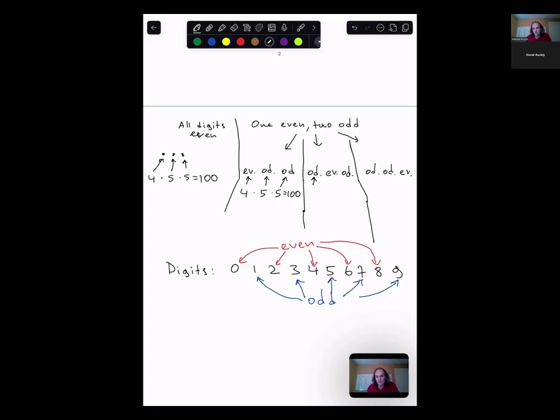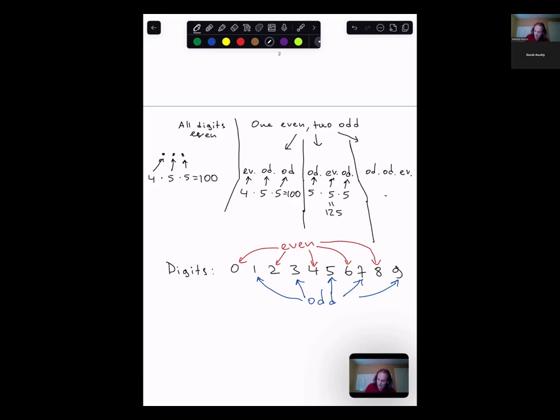No restriction there. So we have 5 options. And for the other two, we'll have 5 options as well for both of them, right? Because there are no restrictions. There are 5 even digits and 5 odd digits, and we can use any of those. So we got 5 times 5 times 5. This is 125.